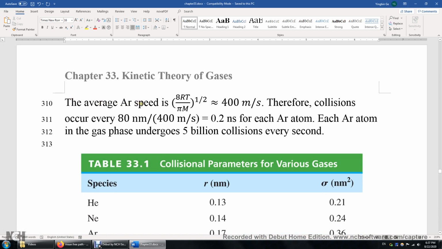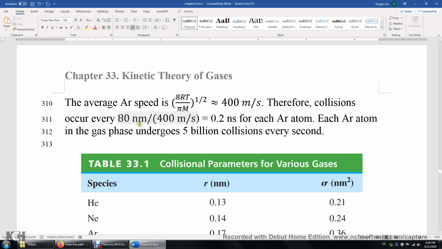The average speed of an argon atom is roughly 400 meters per second using this formula. Okay, this is the average speed. And then we can calculate the time interval easily. One argon atom experiences a collision every 80 nanometers. So this is the distance it travels between two successive collisions. This is the speed of that argon atom.